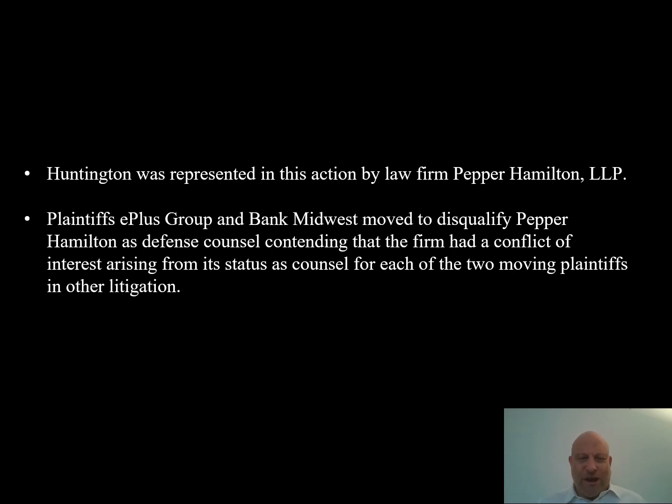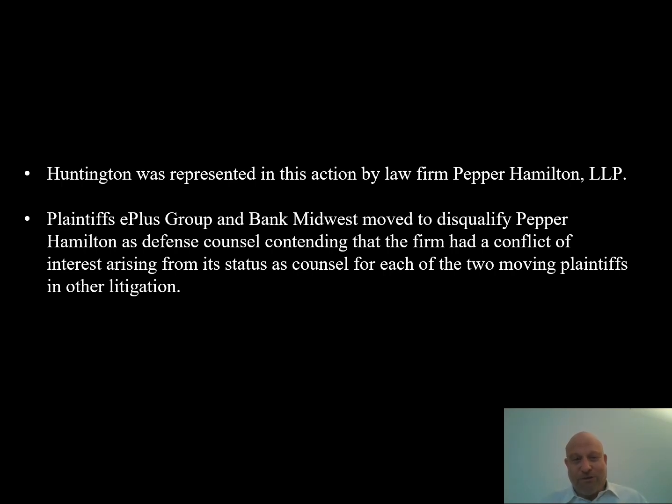The judge in this case, it's pretty transparent in the opinion that he's completely outraged by this situation. Essentially, Pepper was representing Bank Midwest, and then it was approached by Huntington. I'll go into that in a second. The Huntington representation was potentially very lucrative, and they decided they wanted to represent both.